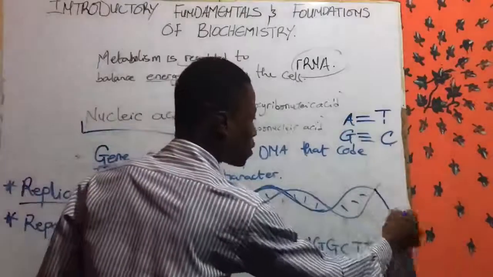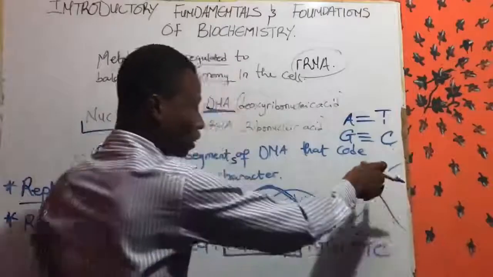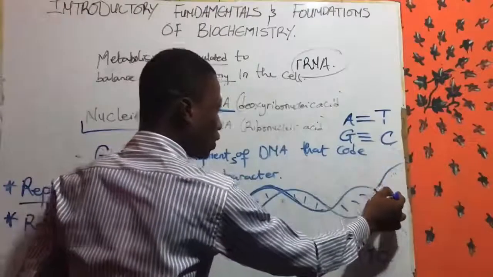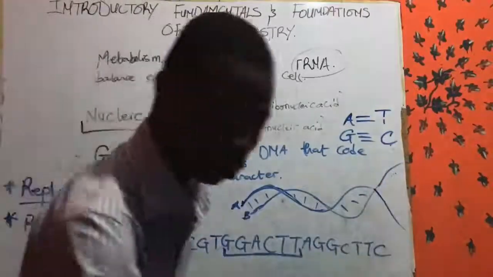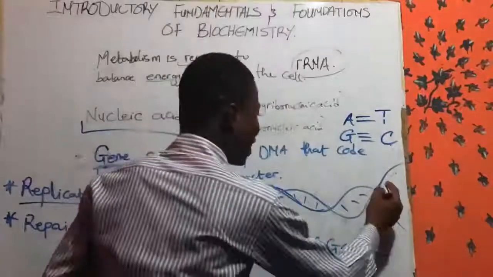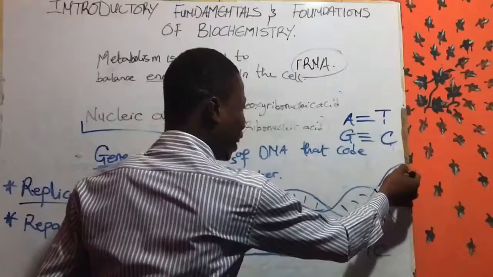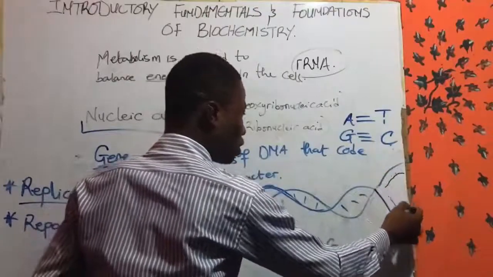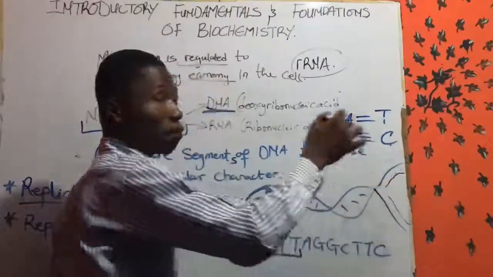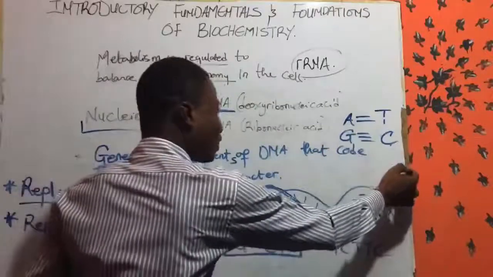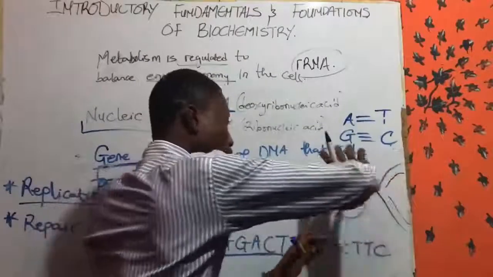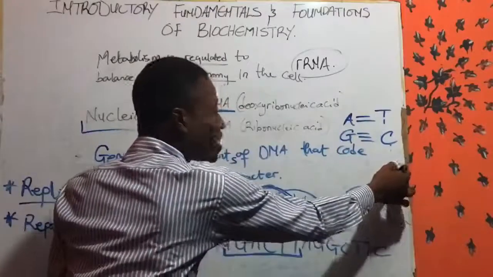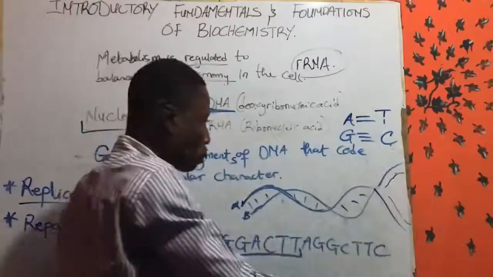So starting from this place, if there is an unwinding, this can create another copy. Let me use another marker so that it will be clear. At this place of unwinding, there can be a replication. This can start another copy. So in the 5' to 3' direction, the cell can create another copy of its complementary strand.